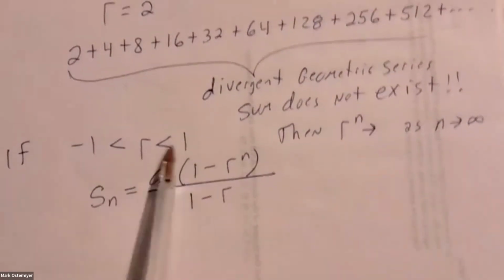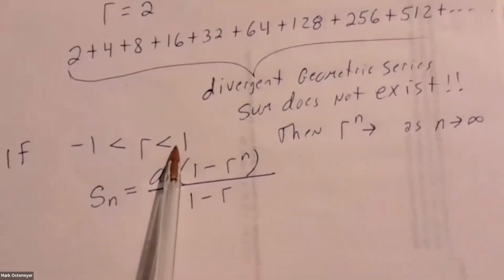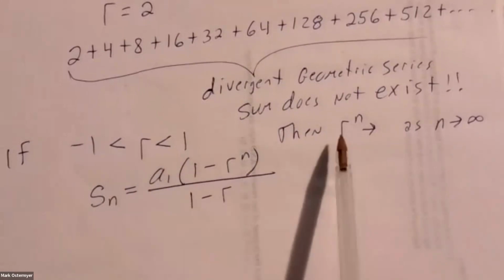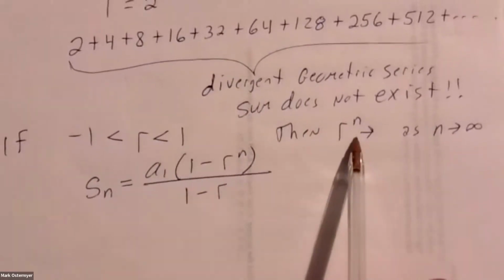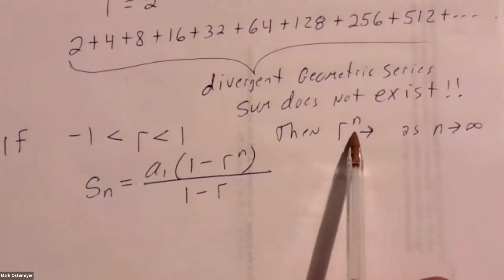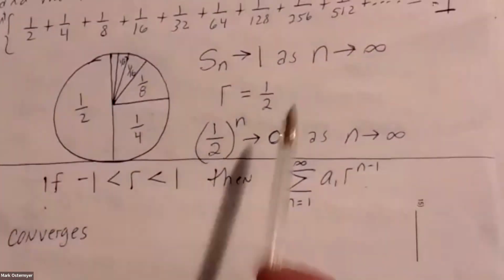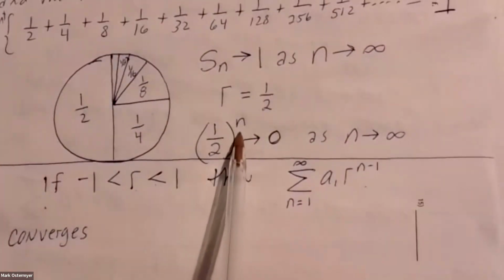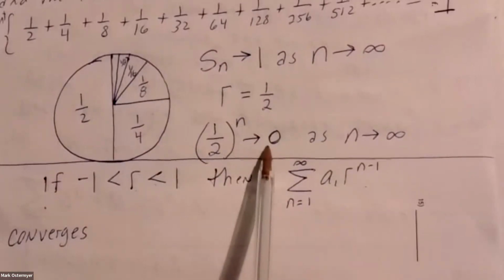Remember, r has to be a fraction less than 1 and greater than -1. What happens to that fractional value as we raise it to a larger and larger power? What happened to that 1/2 common ratio as we raised it to a larger and larger power? It approached what? 0.